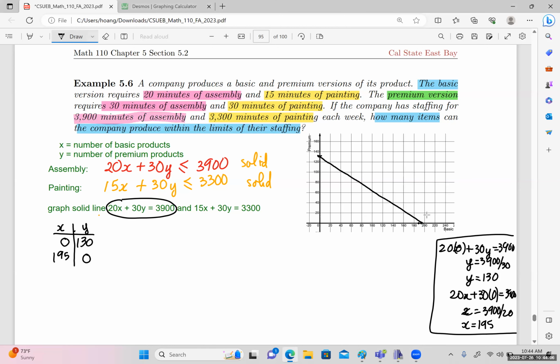I'm going to use a red line for the second one. Say x here, y here. What is the y value when x equals 0? You have 30y equal to 3300, right? So y will be 3300 divided by 30. What is that equal to? 3300 divided by 30 is 110.